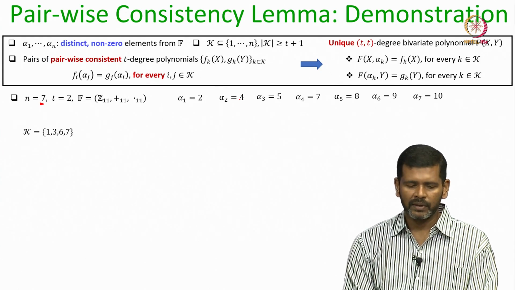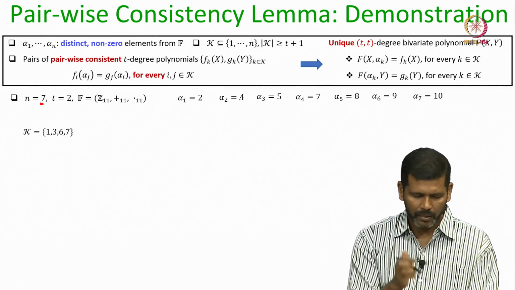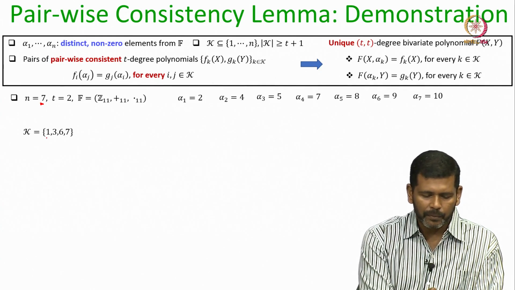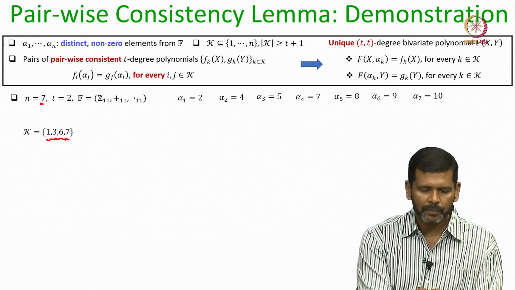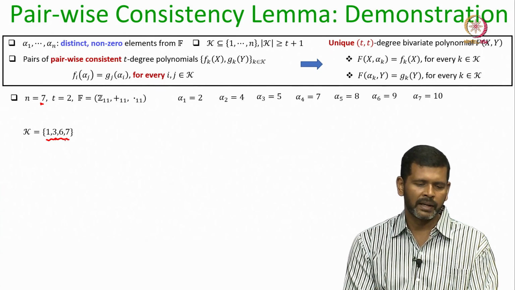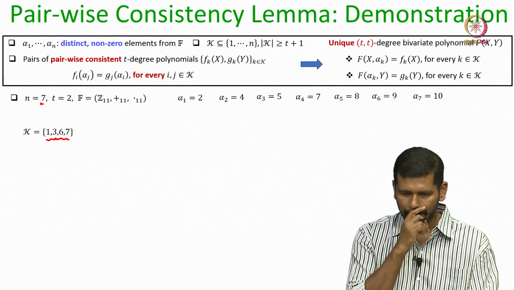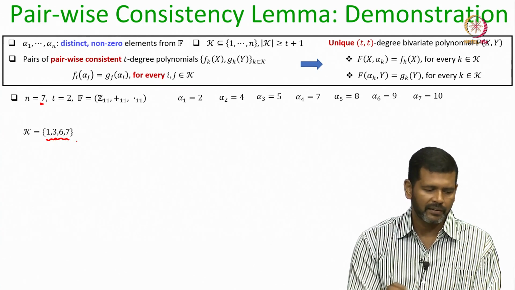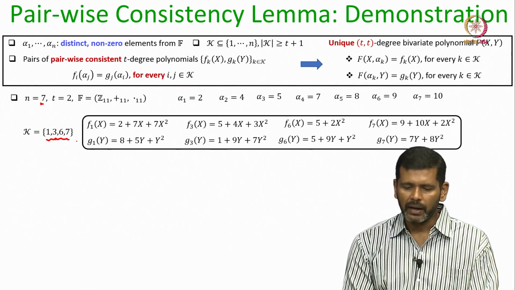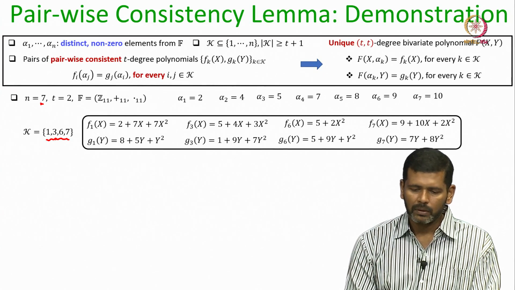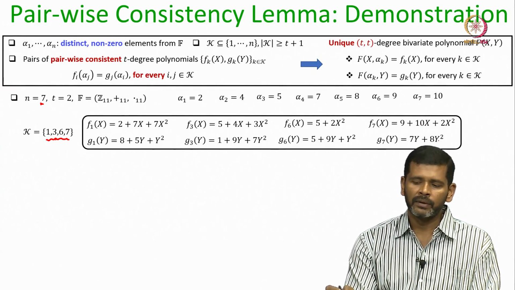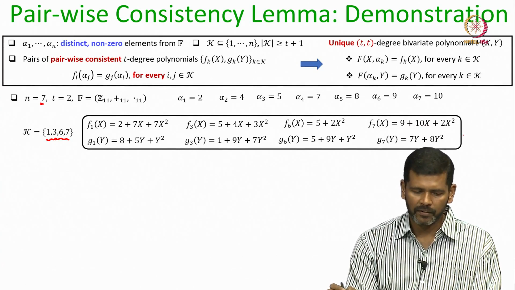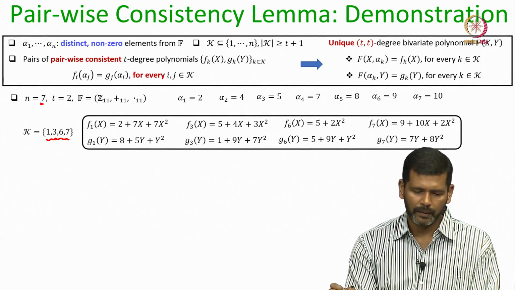So, these are my 7 evaluation points, and suppose I take a proper subset of these evaluation points, namely I take this subset of size 4 and I give you 4 pairs of x and y univariate polynomials corresponding to these indices.